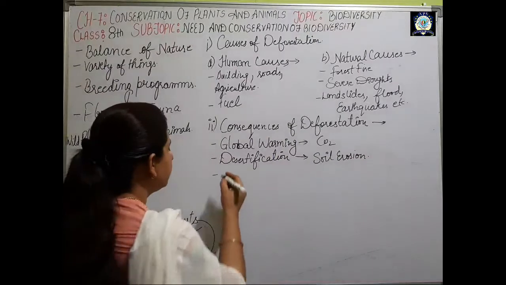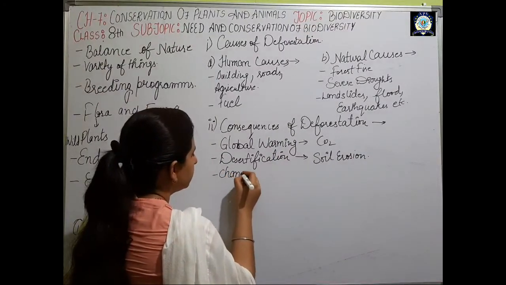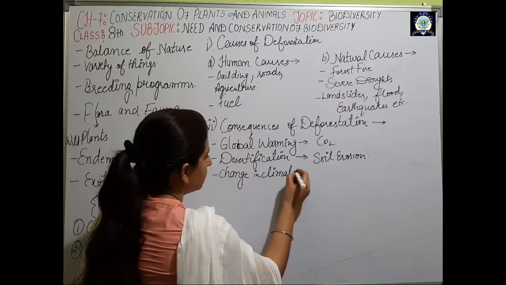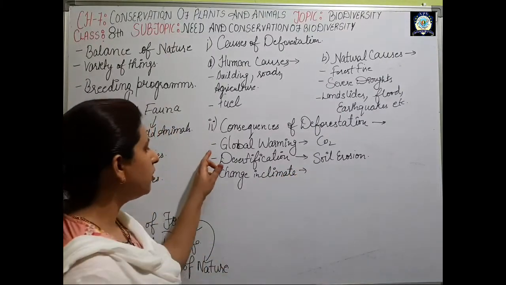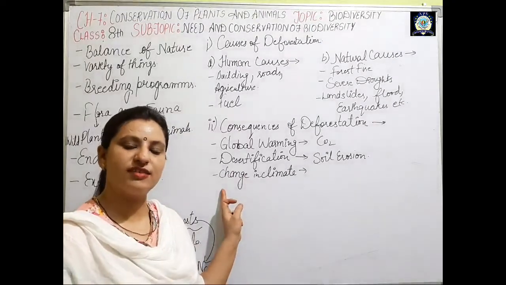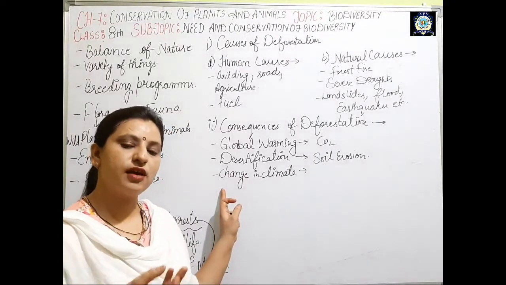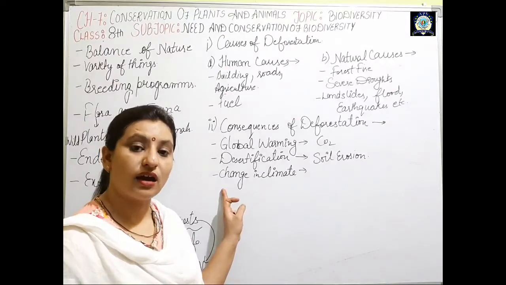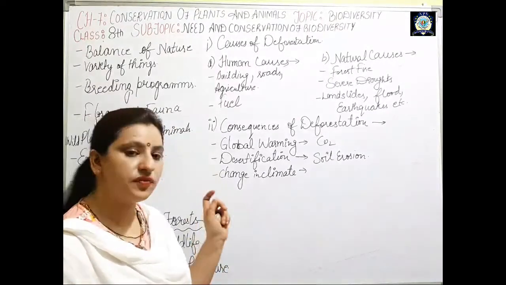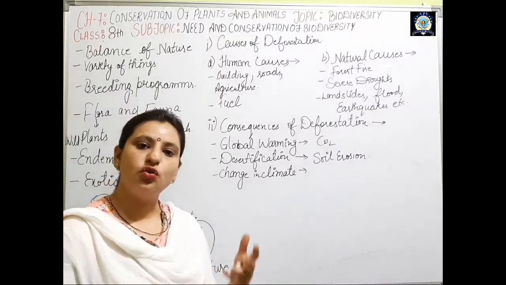The next thing is change in climate. Due to global warming, there is an increase in temperature, and due to this increased temperature, there is less rainfall. So in some places there is drought, and in some places heavy rainfall takes place because of desertification, which leads to flooding.